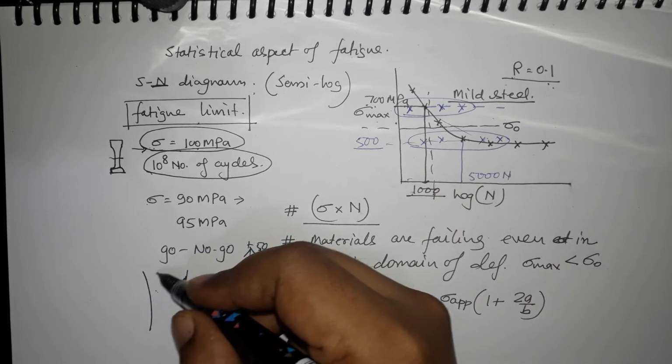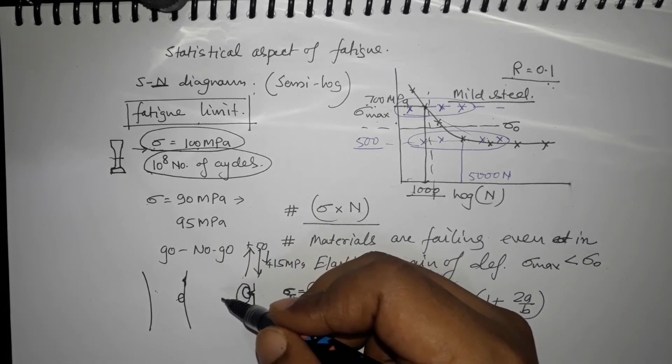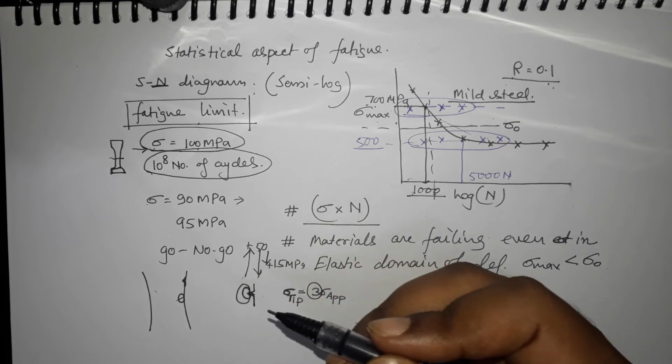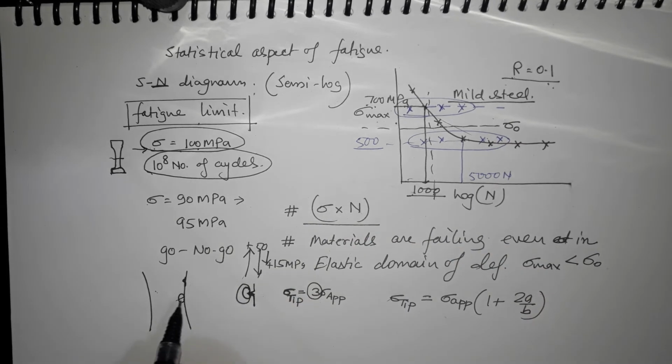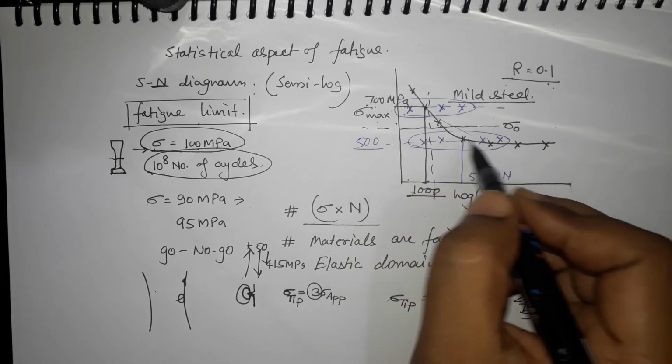So the whole material is not deforming plastically, but localized deformation will result in failure. Okay, so this is the mechanism of fatigue, and this is the reason why you have huge scatter in the material.